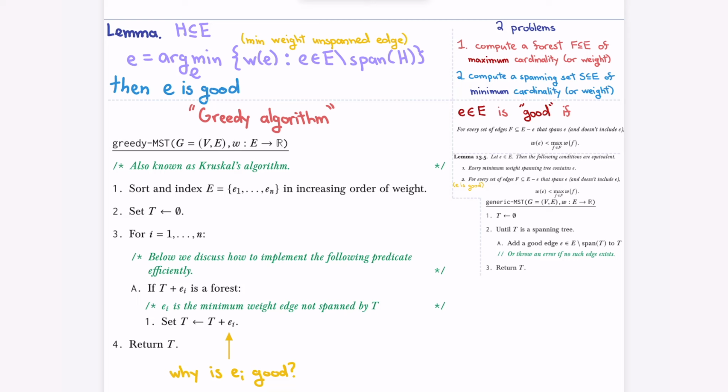Okay. So if I split the vertex set into two parts, and I find a minimum weight edge going across the two parts, is that edge always good? And what would be the set H to justify it? I could take all the edges inside one half and inside the other half, and those will be collectively H. And the edges that aren't spanned are the edges going across my two parts.